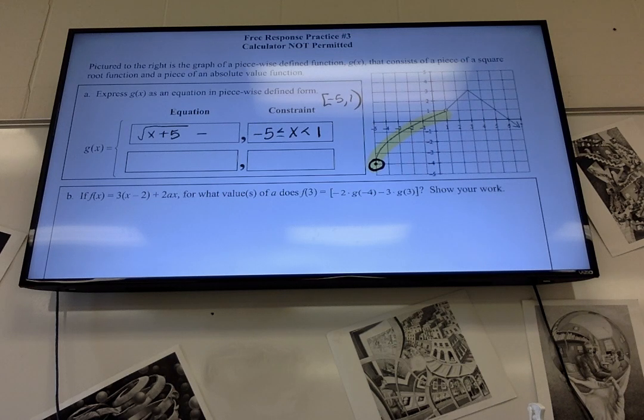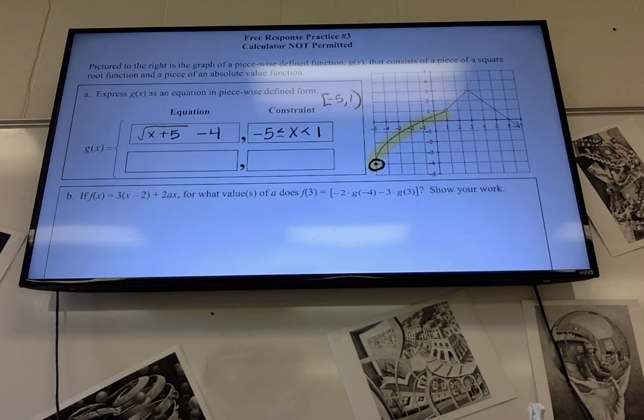And then down 4. Now let's make sure this works, because I might be needing to multiply it by something or something weird like that. So like if I plugged in -5, I do get square root of 0 minus 4, which would be at -4, and so on. It looks like we're good there.